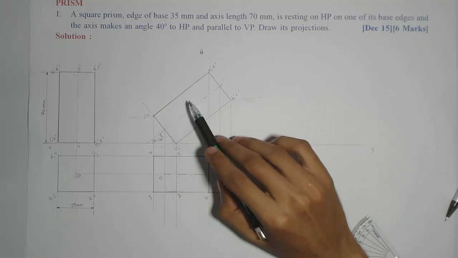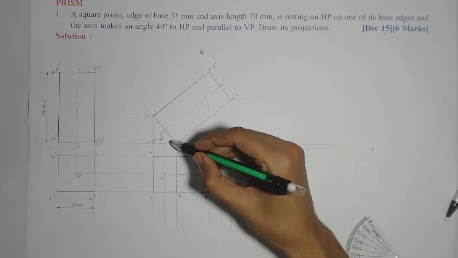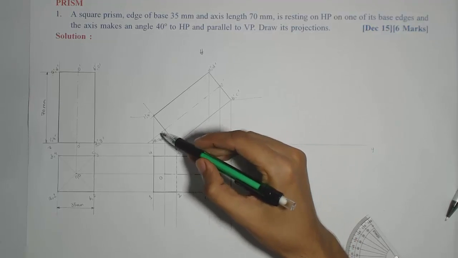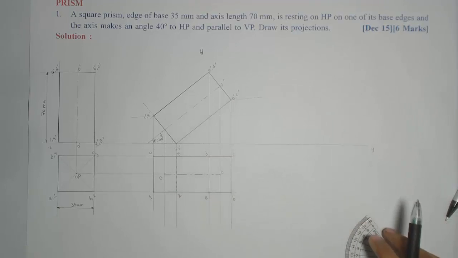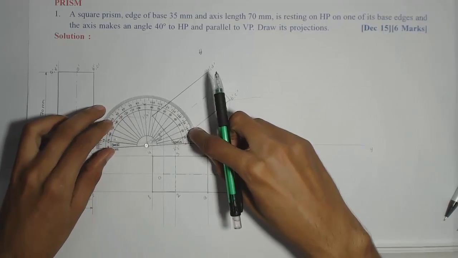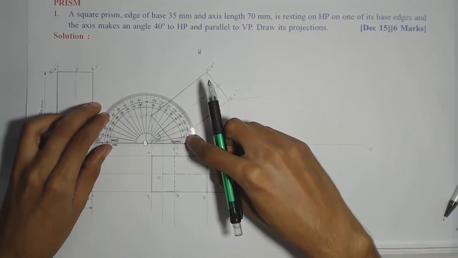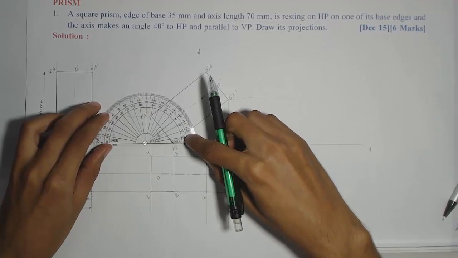So obviously the base, which is perpendicular to the axis, will make 90 minus 40. So this angle we have marked as 50. Then obviously after dropping the perpendicular, I'll get 40. If you want to check, we can verify whether I am getting it as 40 or not. You can see you are getting it as 40.